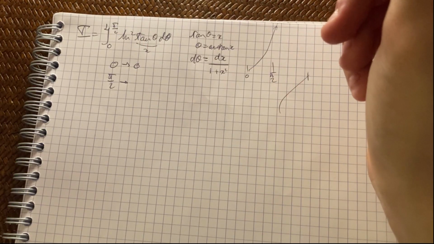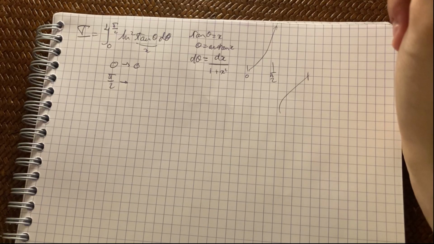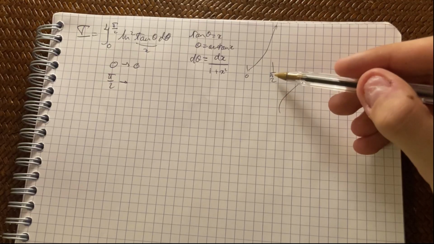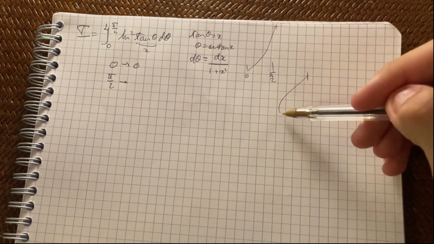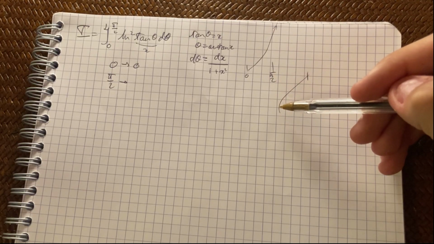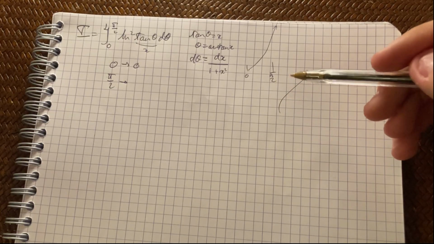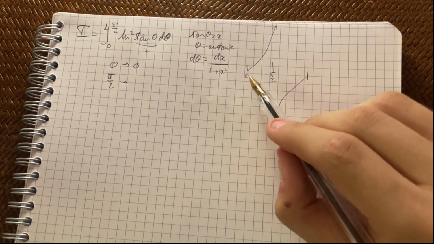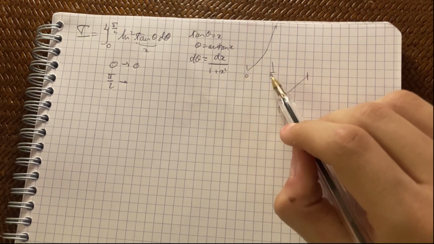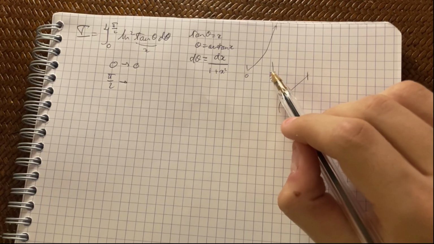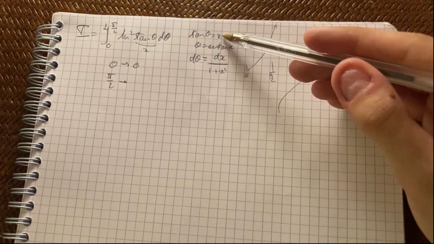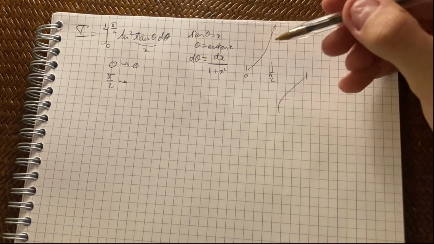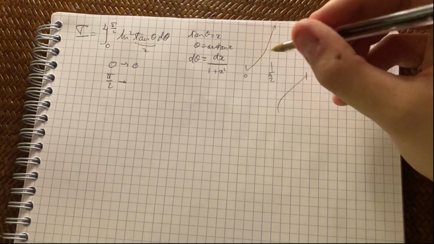A question we might ask ourselves is, well, as you see, tangent theta at pi by 2 equals positive infinity, but also negative infinity. So which one do we need to take? Well, it is very easy. You see that our interval is from 0 to pi by 2, so you need to consider the sign of the variable, here x, on this interval, and you see that x equals tangent theta, but is always positive.